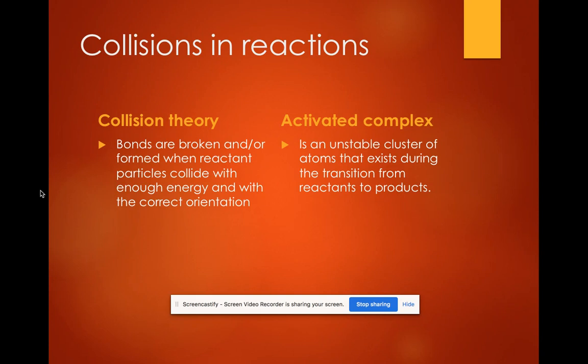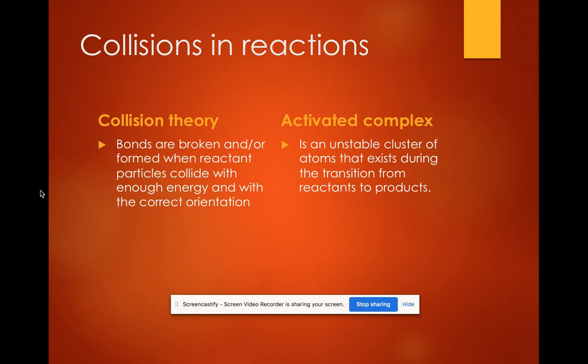Collision theory states that bonds are broken and or formed when reactant particles collide with enough energy and with the correct orientation. An activated complex is an unstable cluster of atoms that exists during the transition from reactants to products.